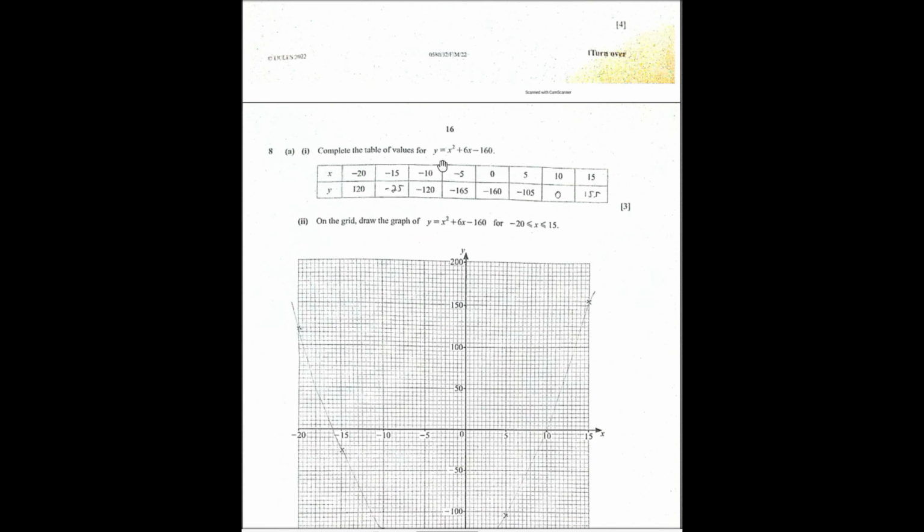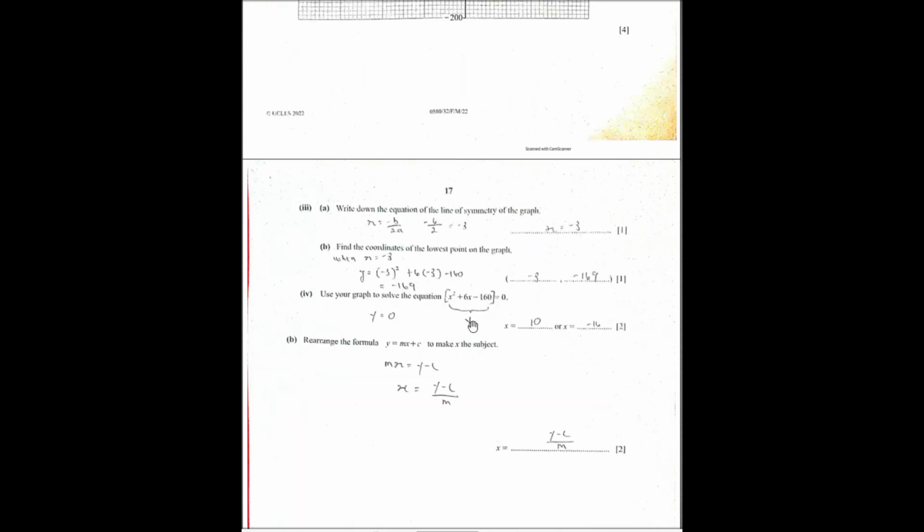Next, use your graph to solve the equation x squared plus 6x minus 160, which is equal to 0. If you notice, the original equation that they had given us was also x squared plus 6x minus 160, and they say that this equals y. So that means we can actually equate this whole equation as our y.